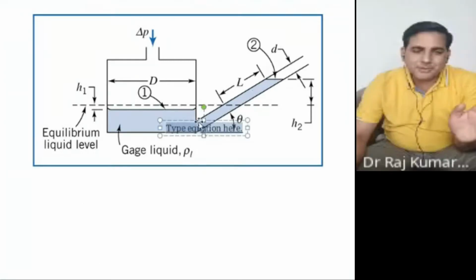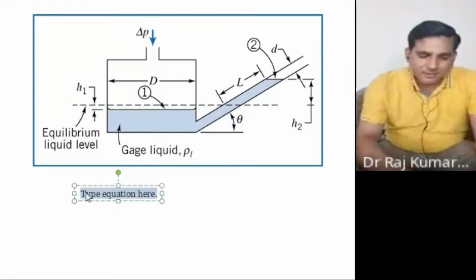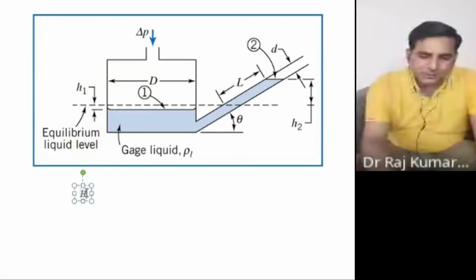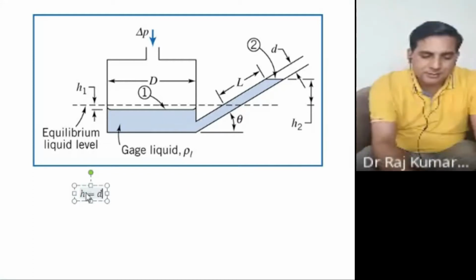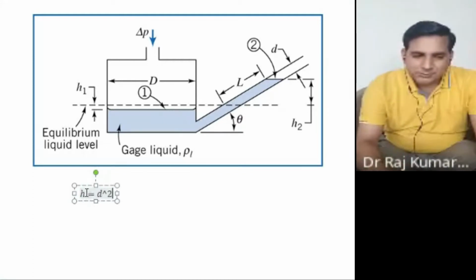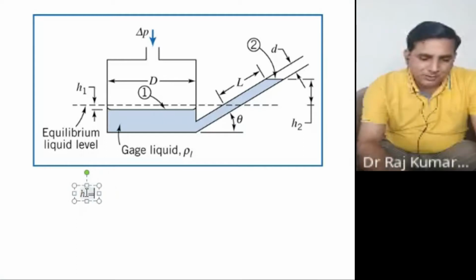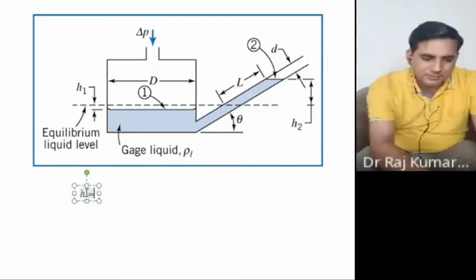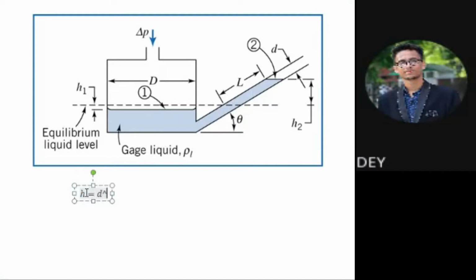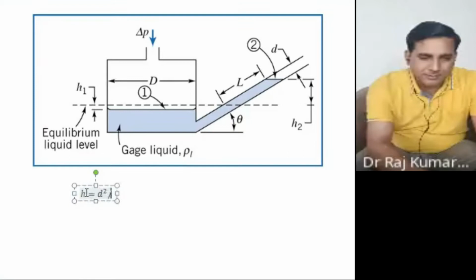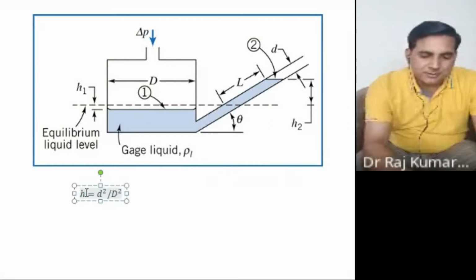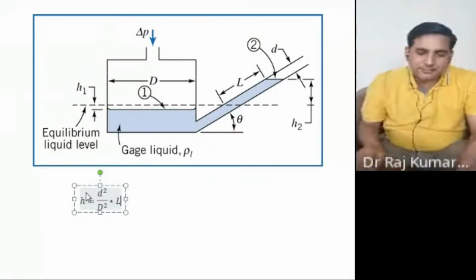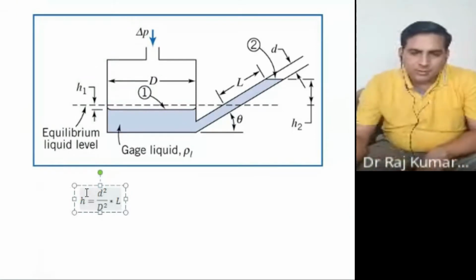You got from volume change just this one only, that your h is equal to small d square divided by capital D square into L, right? That's what has come. This is for H.